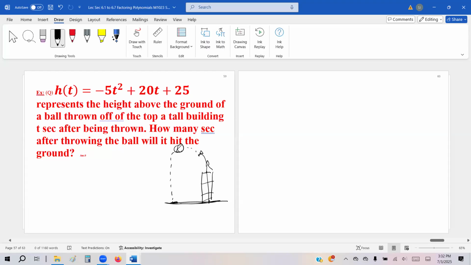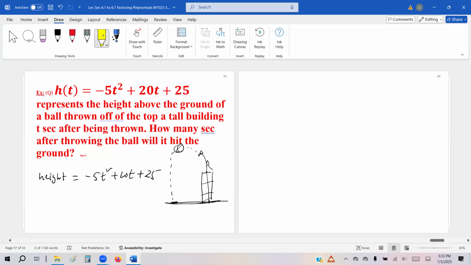So you throw the ball, and then at some point, it definitely will be on the ground. After how many seconds? So we are given the height of the ball is negative 5t squared plus 20t plus 25. When the ball hits the ground, what's the height of the ball? 0.